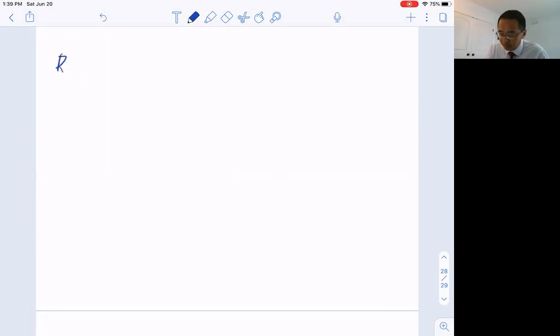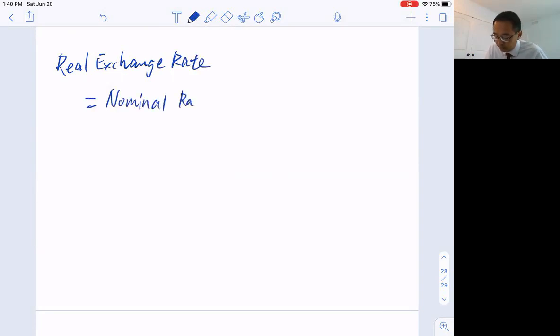So there's a formula: your real exchange rate equals your nominal exchange rate, which is what we see as the exchange rate reported. For example, the Wall Street Journal takes pages every day to report the exchange rate, but now, of course, Google is much easier.